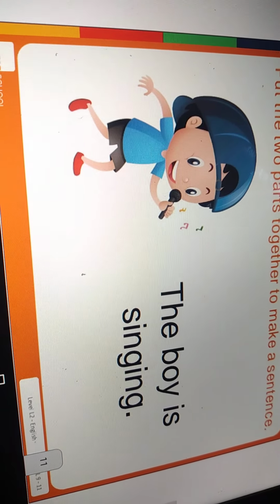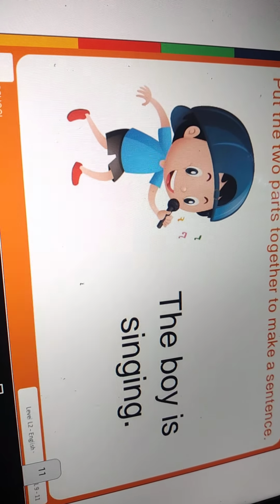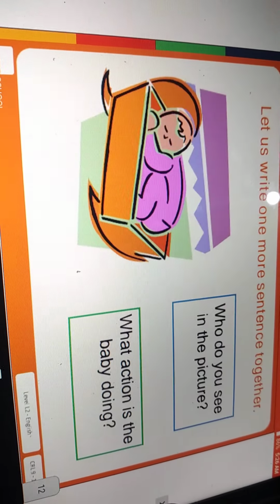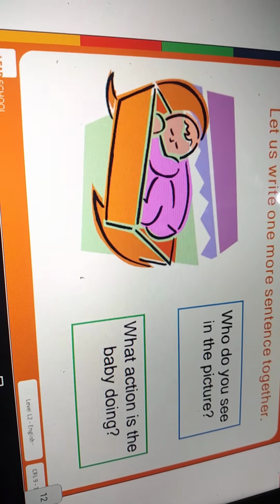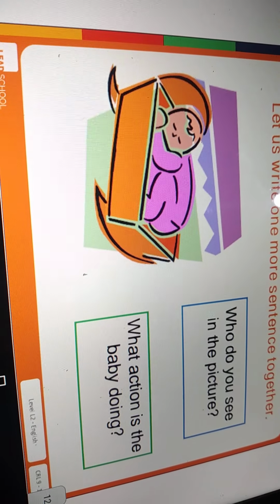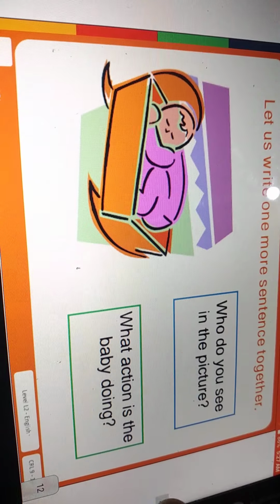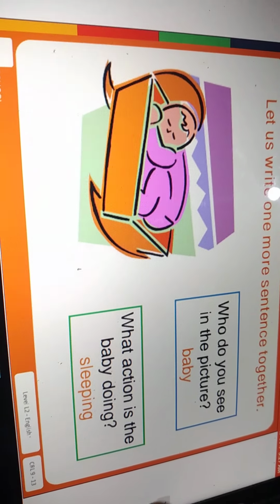So the sentence is: the boy is singing. Here we use the helping verb is. What do you see in the next picture? Yeah, a baby. What action is the baby doing? It is sleeping. So the baby is sleeping.